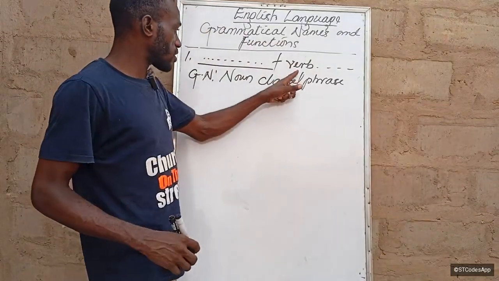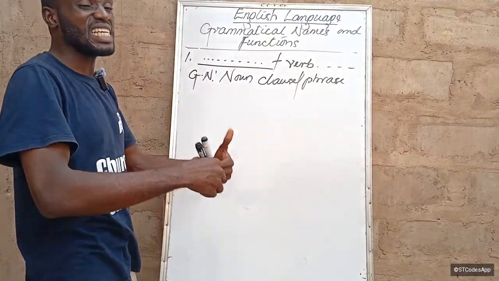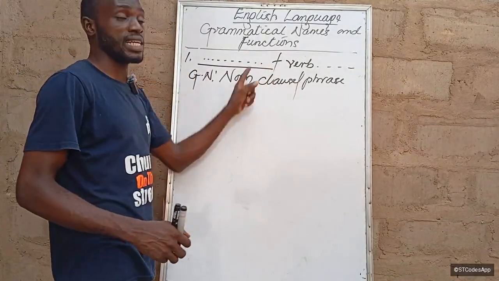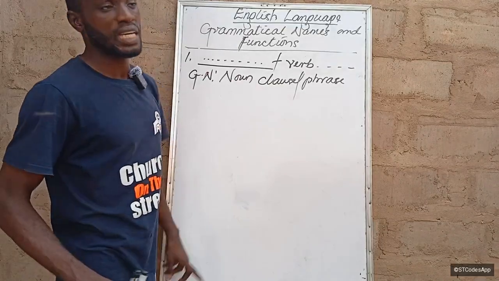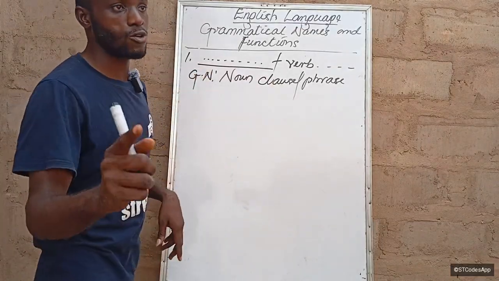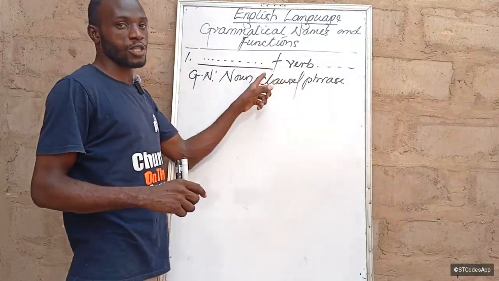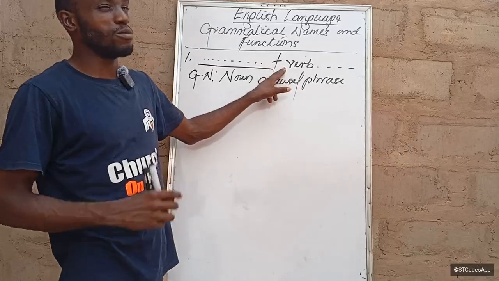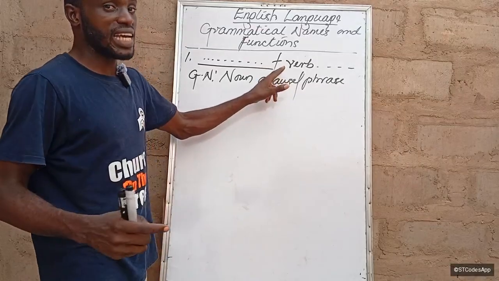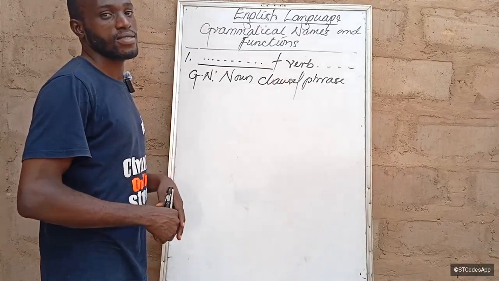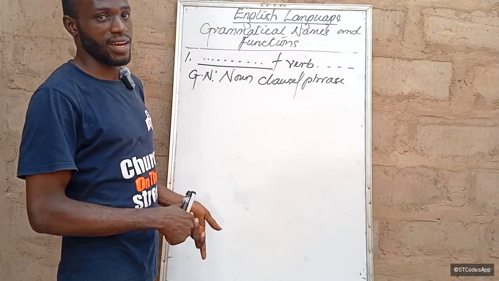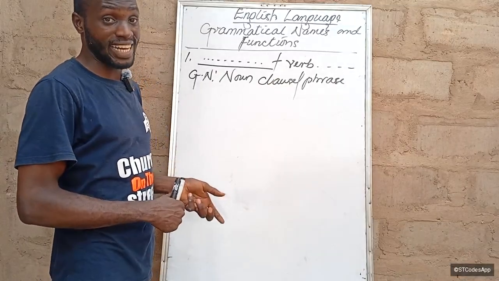What the verb after tells us is that, because it's coming immediately after the underlined expression, the underlined expression is a noun. How do I know that? There are some other expressions where there will be an underlined expression, but immediately after it could be a noun or something else. If that's the case, then it's not a noun. It is usually an adjective there, or an adverbial, an adjunct there.